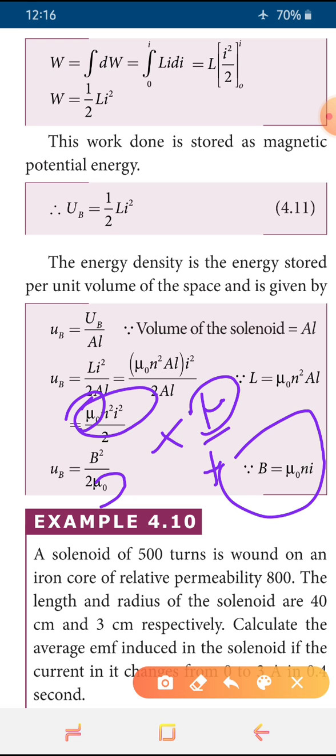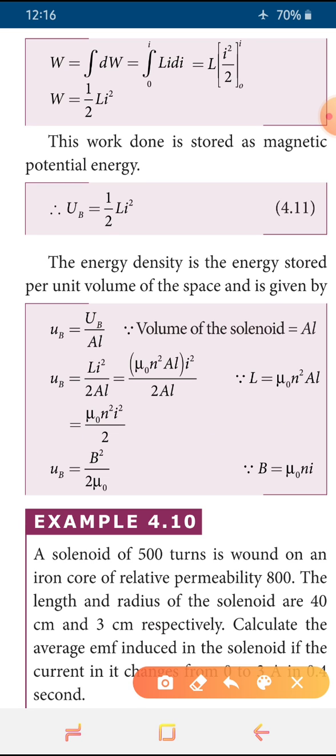The multiplied mu naught goes into B, and the divided mu naught stays in the equation. So mu naught square comes into B, because we need B as mu naught square n square I square. Here there is n square I square but no mu naught square, so we are multiplying and dividing with mu naught. Then mu naught square becomes B square, divided by mu naught, as given in this equation.